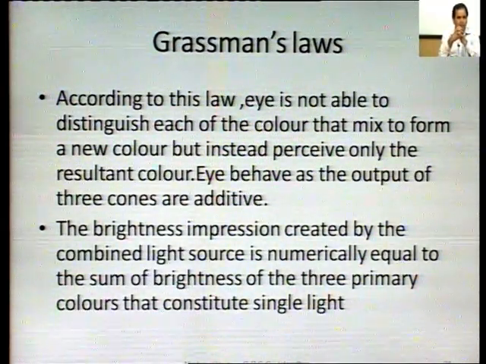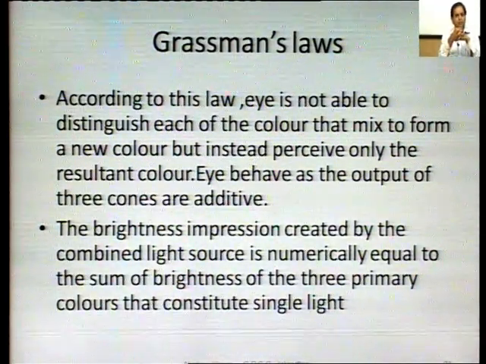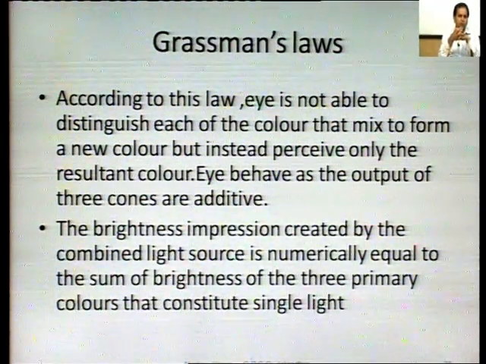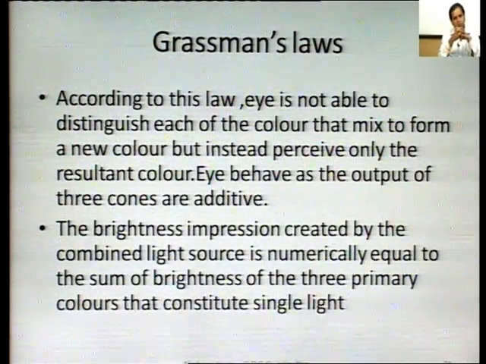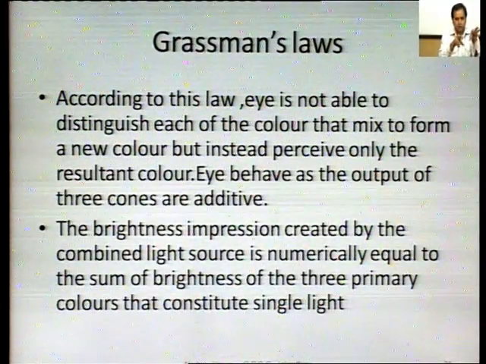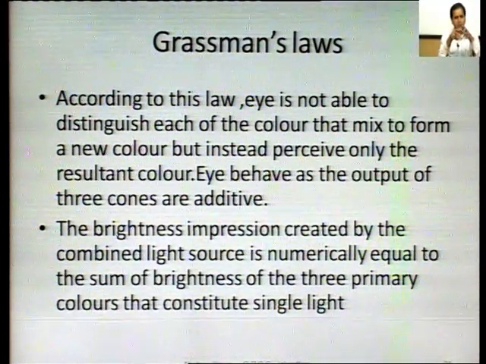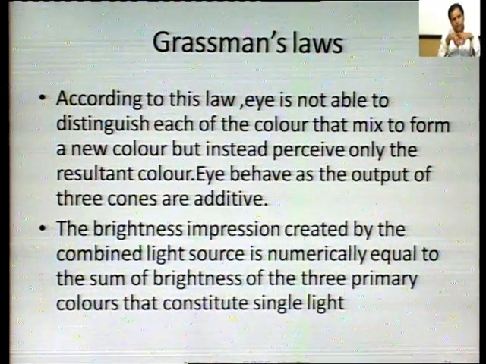The brightness impression created by the combined light source is numerically equal to the sum of brightness of the three primary colors that constitute the single light. So, apart from the resultant color, brightness is also important. What will be the brightness of the resultant color?